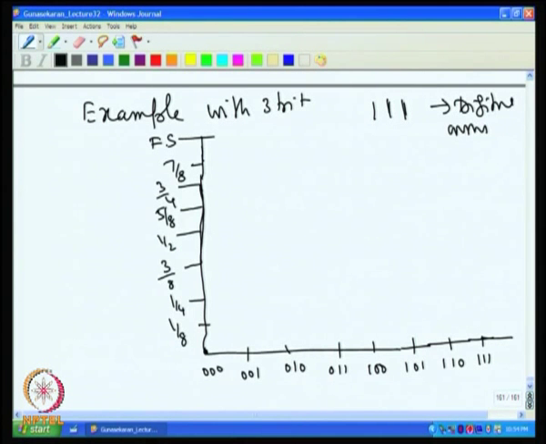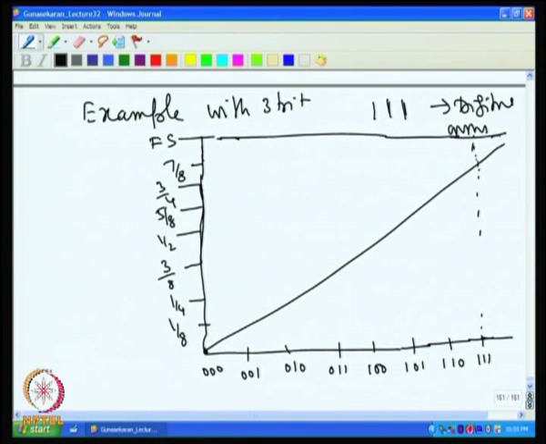If I plot the curve for the ideal case, if this is the full scale voltage, then for 1 1 1 it is at this point that it goes and meets 7 by 8th.